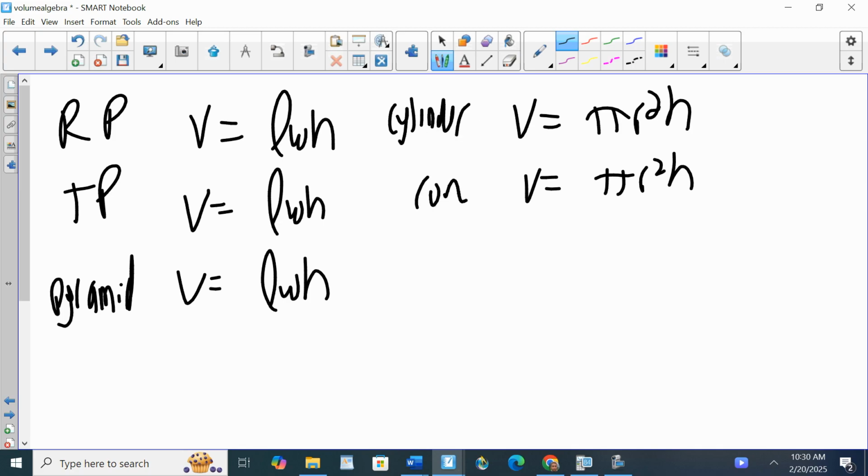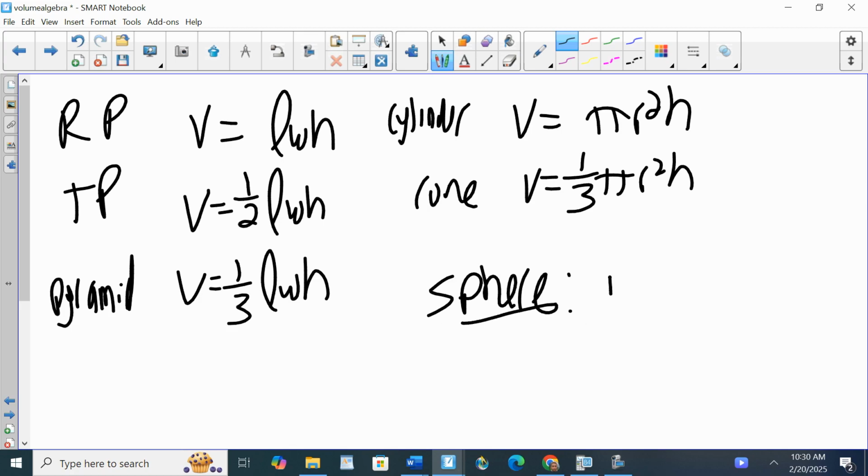Cylinder, cone. 1/2 is for triangle, 1/3 pyramid and cone. Boom, there are your formulas. Sphere is given to you, 4/3 pi r cubed. Once you have them written out, just refer to what you wrote out, make it simple.